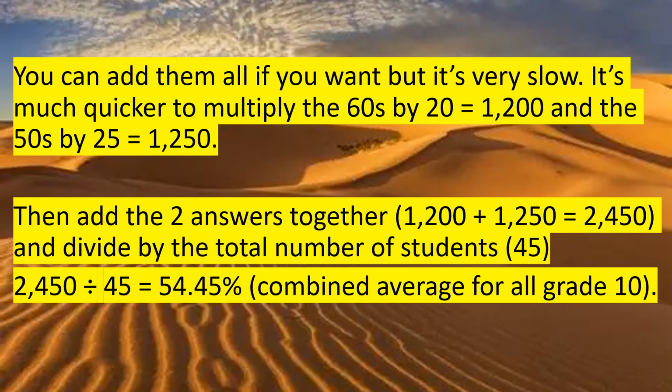Then we add those two together. 1,200 plus 1,250 equals 2,450. And then we divide by the total number of students, which is 45. So 2,450 divided by 45 equals 54.45%. And that is the combined average for all of grade 10.